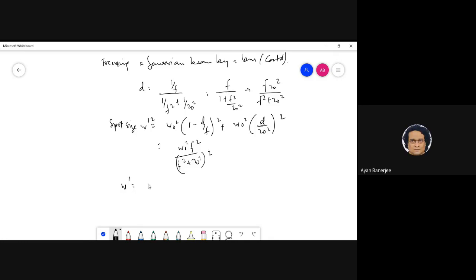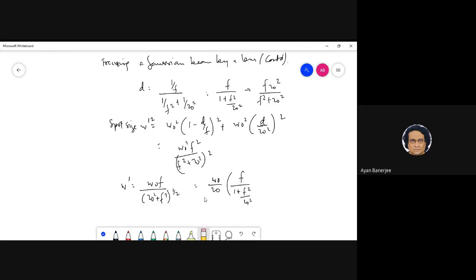So this one is basically now w0 f by z square plus f square to the power half, and we will write this a bit more neatly. What will come? w0 by z0 f by 1 plus f square plus z0 square. Sir, there won't be any power half in the equation. What am I doing?